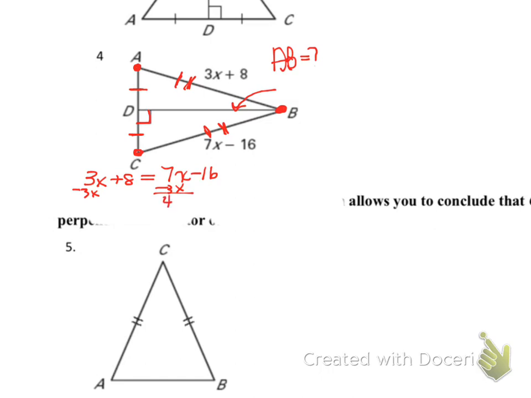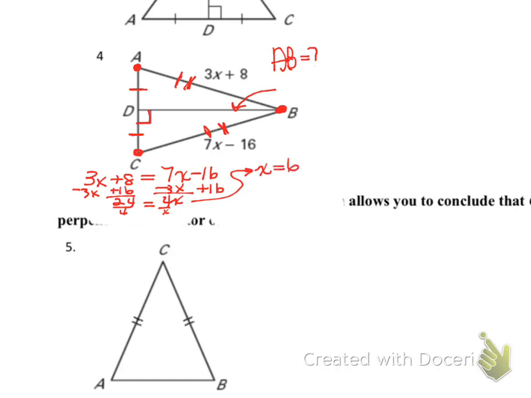I have 4x on the right. I add 16, I add 16. That gives me 24. So 24 equals 4x. If I divide by 4, that gives me x equals 6.